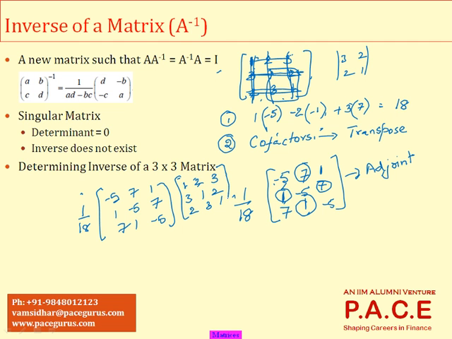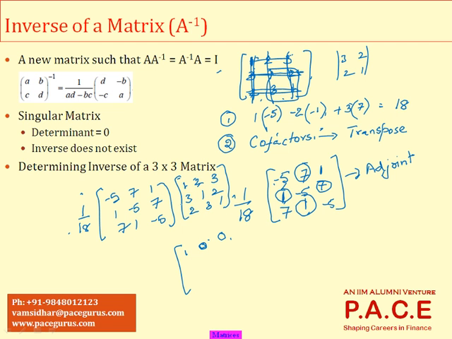Just try multiplying them. First row with the first column. Minus 5 plus 7 into 3, 21. Minus 5 plus 21, 16. Plus 2, 18 divided by 18 makes it 1. First row, second column. Minus 5 into 2, minus 10. Plus 7 plus 3, 0. First row, third column. Minus 15 plus 14 plus 1, 0.